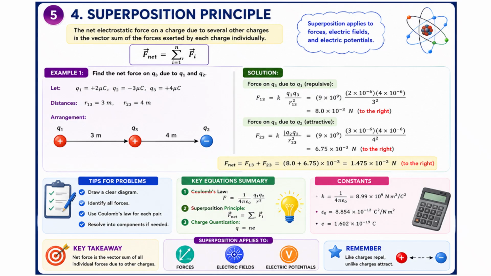As I mentioned, we can see from the slides that we have shown mathematically that F net is the total sum of the individual forces.